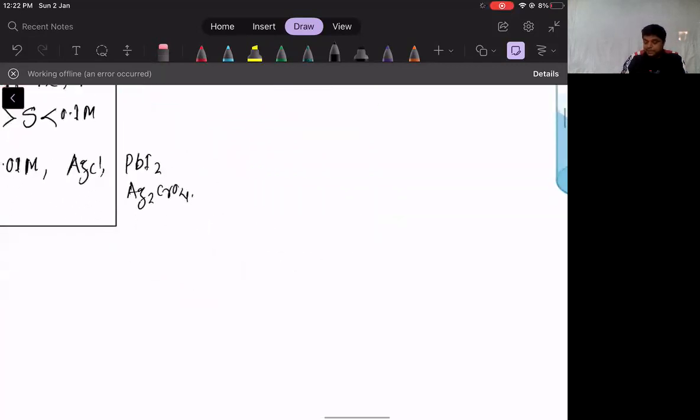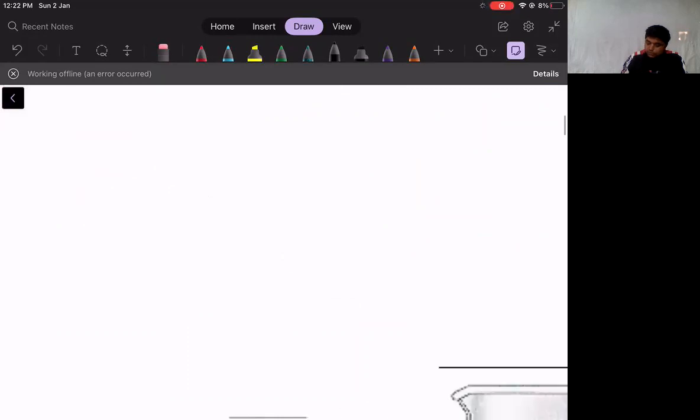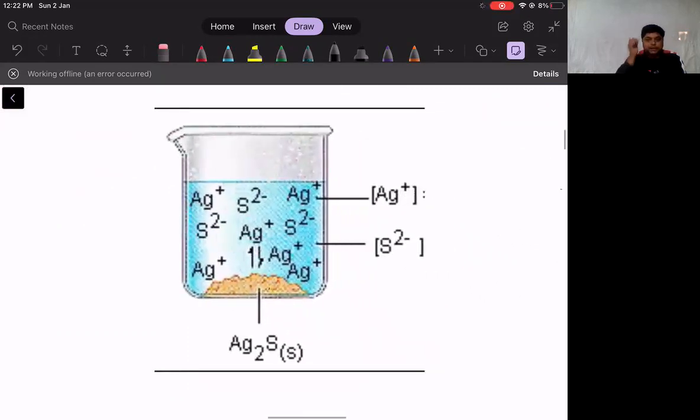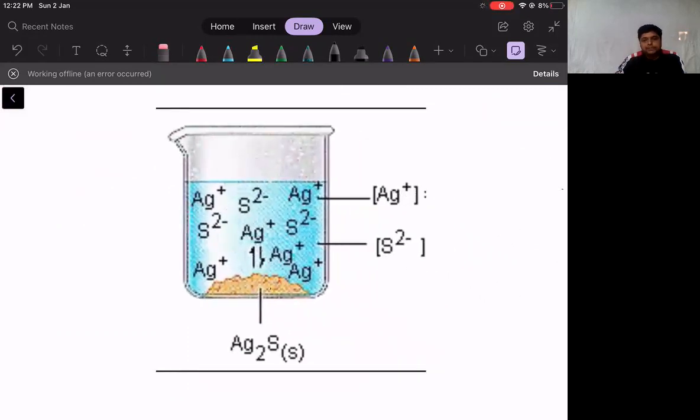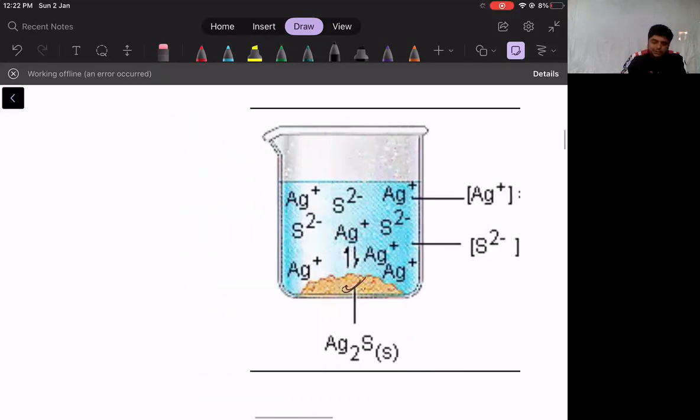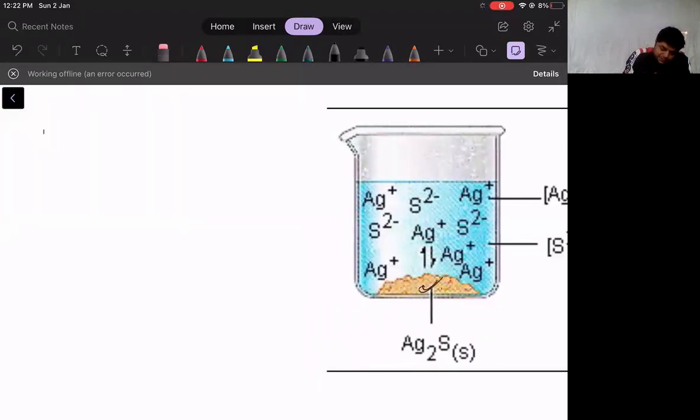Here I have taken the case of Ag2S, the silver sulfide. Here we have the solid form Ag2S and the dissociated ions also. How it dissociates, I will be writing here through an ionic equation.